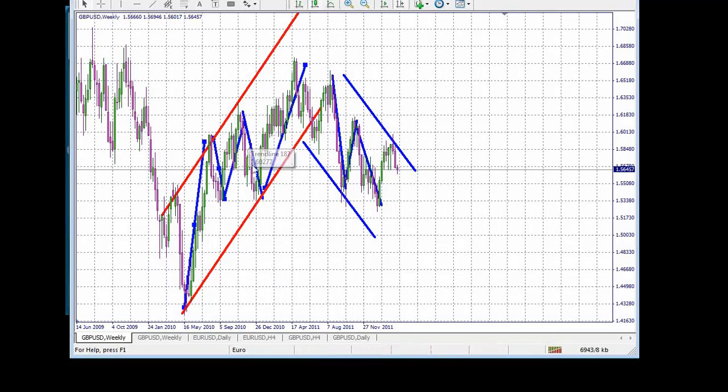Also we can see that the fourth wave made a low almost at the same level as the second one. That also is unusual.